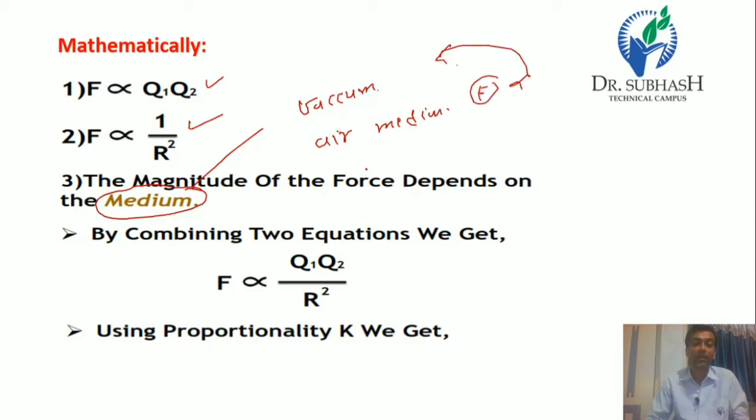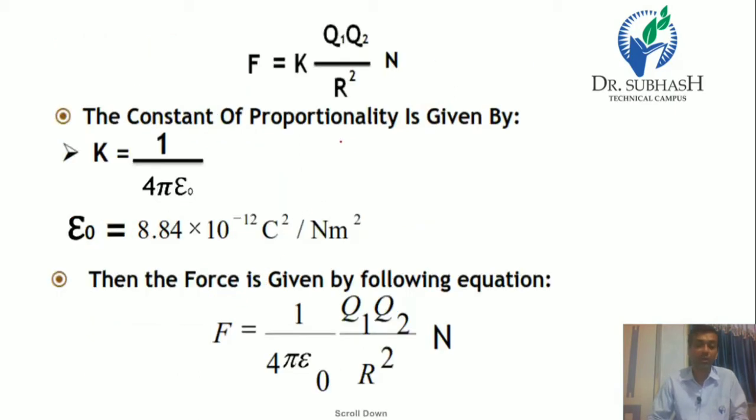By combining these two relations, we get F proportional to Q1 Q2 upon r squared. If we remove the proportionality, we add the proportionality constant K. Then F is equal to K Q1 Q2 upon r squared, with newton as the unit.